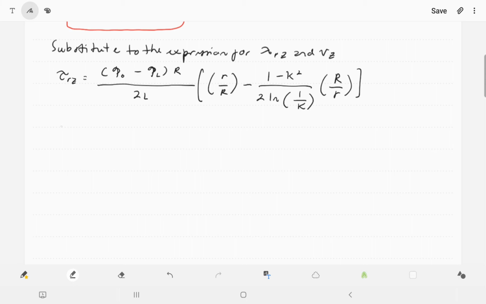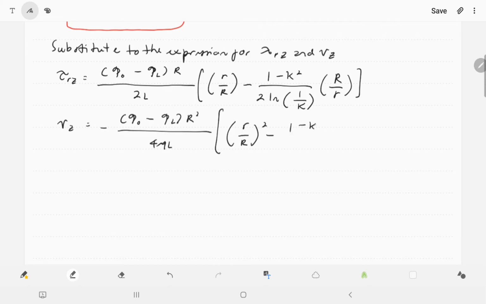And then your vz will be equal to minus (p naught minus pL) R square divided by 4 mu L, times r per R square minus 1 minus (1 minus k square) divided by ln 1 over k, times ln r per R minus 1.